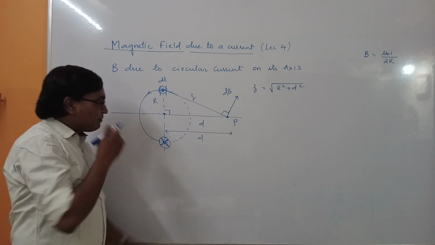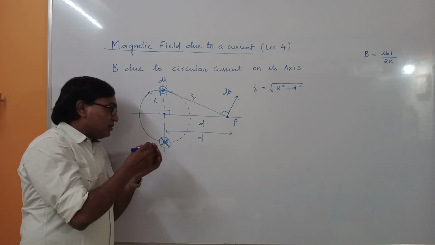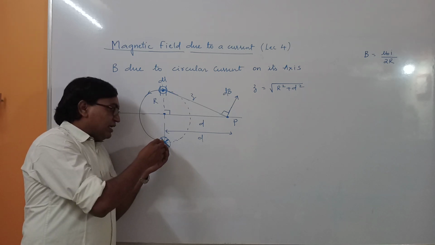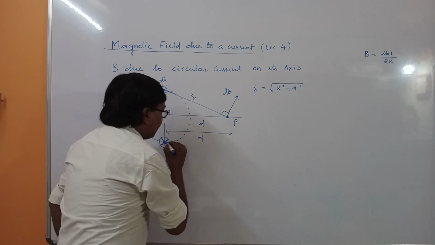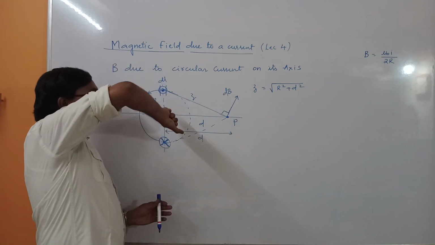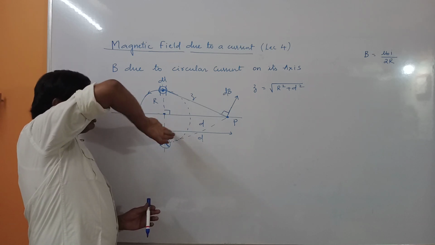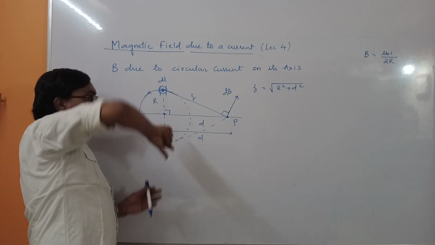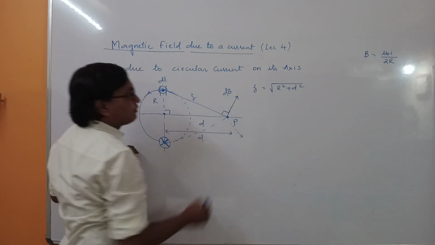Now similarly, if we consider the current element here, then the current is moving inside the board. So for the magnetic field at this point P, from here we have to curl our fingers in this direction, so the magnetic field will be along this direction.